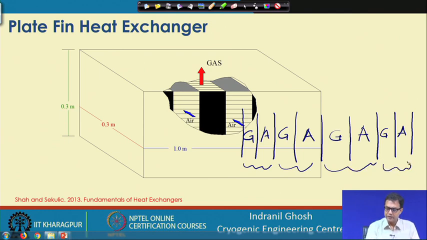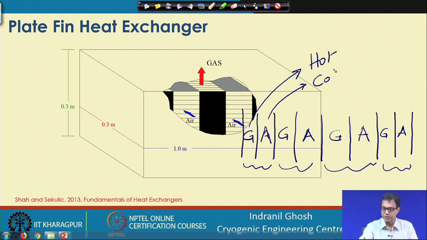This is typical for a two stream exchanger, where we look for alternate hot and cold fluid streams. In this case we have designated the gas stream as the hot fluid stream and the air stream as the cold fluid stream.